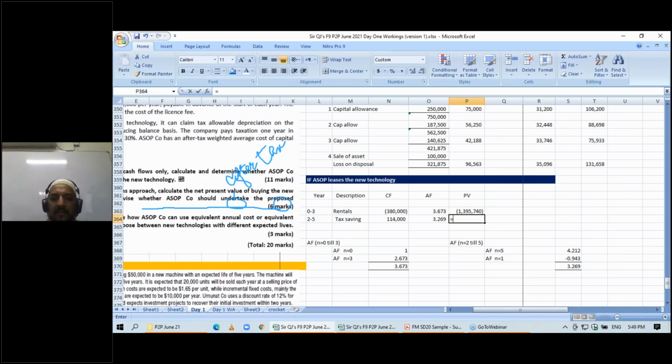And then the tax saving 114,000 multiplied by 3.269. So the net amount gets equal to 1,023,074. Yes, this is a delayed annuity.